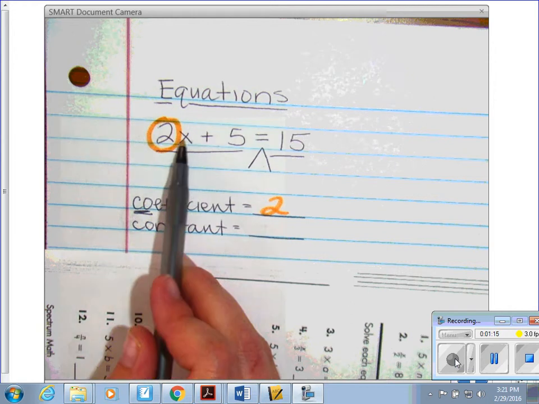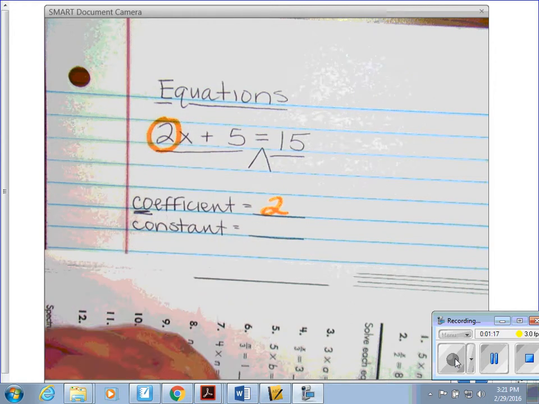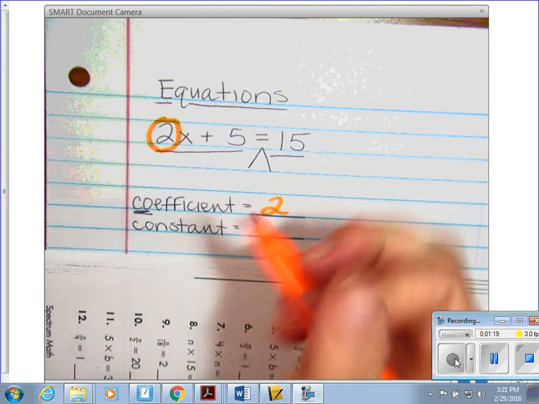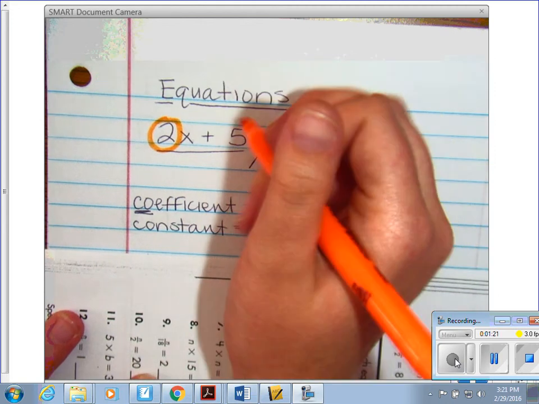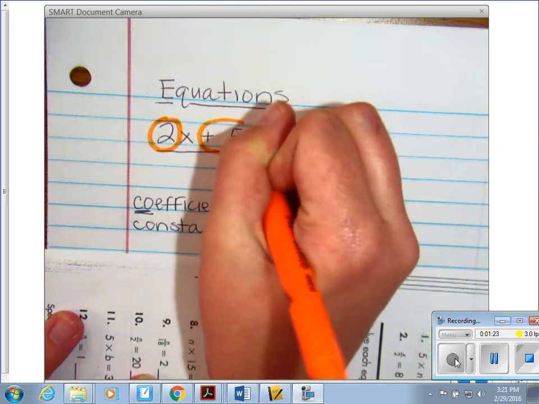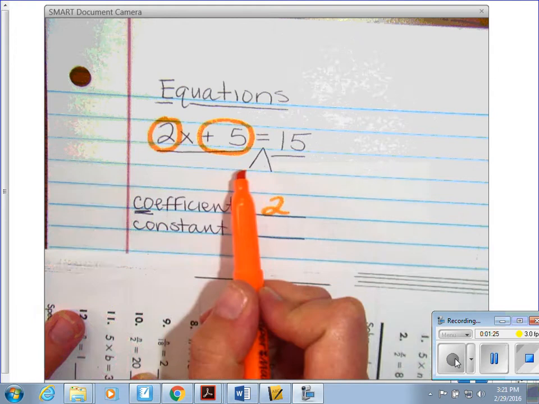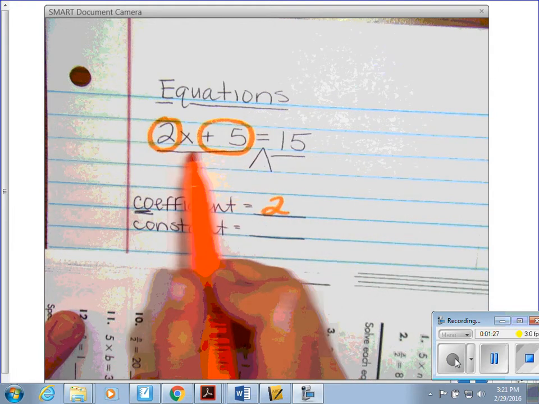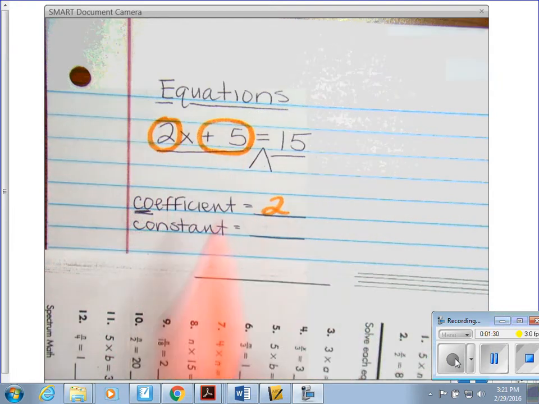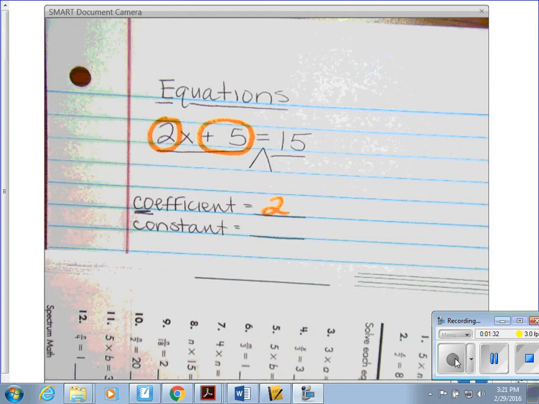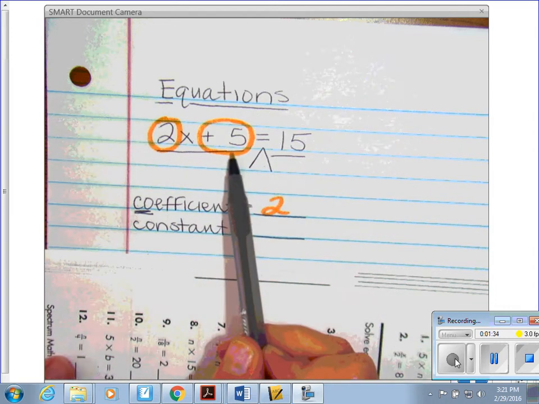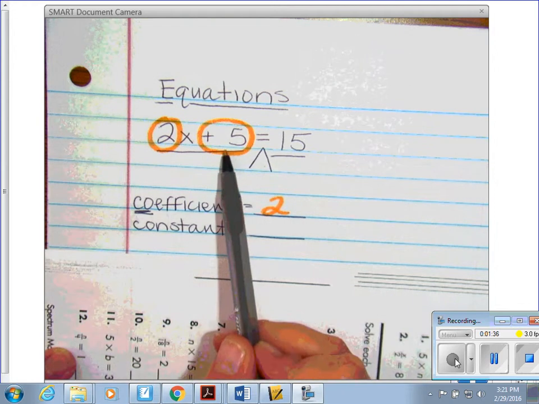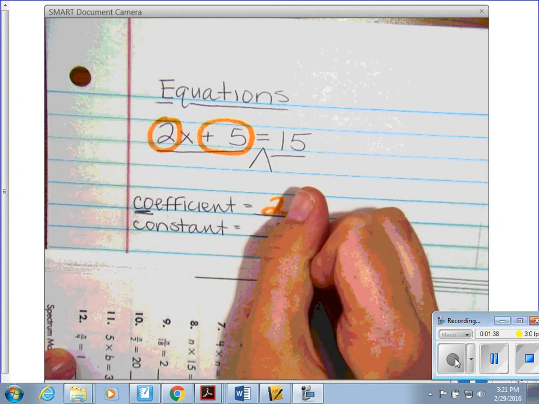So 2 is the value with the x. And my constant is the value without the variable. My coefficient and constant in these examples will always be on this side of my equation. We include the operation in front to determine if my constant is positive or negative. And in this case, my constant is a positive 5.